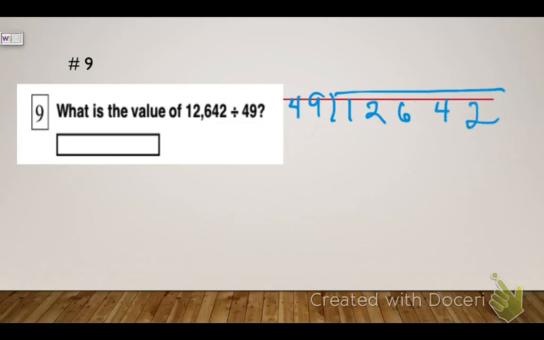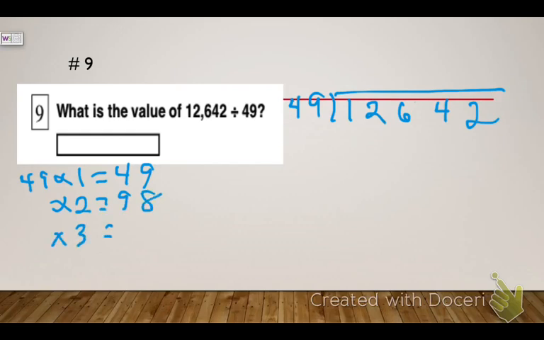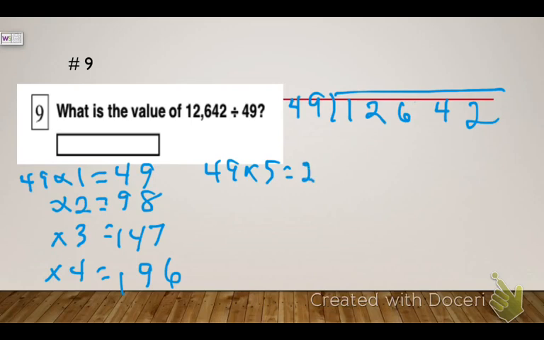All right, so I'm going to take 49 over here, and I'm going to go 49 times 1, 49, times 2, 98, times 3, 147, times 4 would be 196. 49 times 5, don't want to get it too close to my work over here, is 245, I believe.